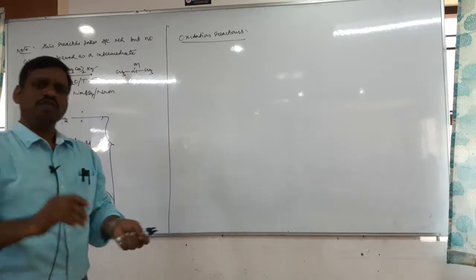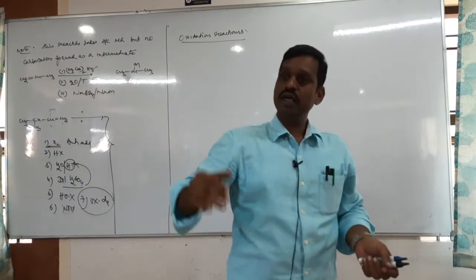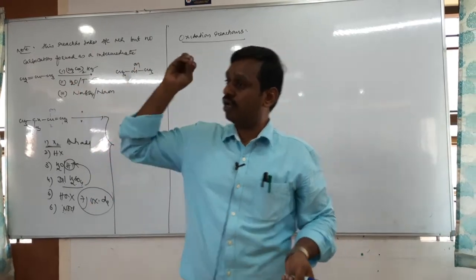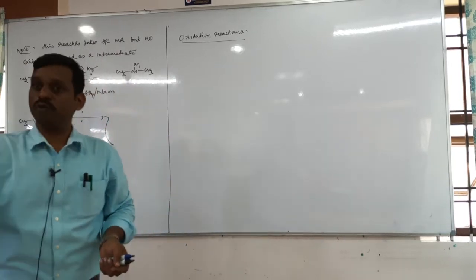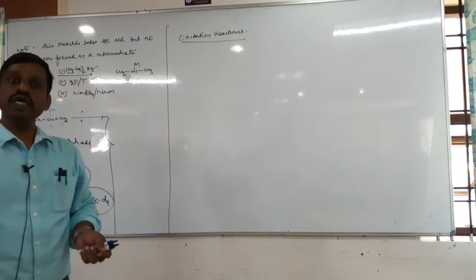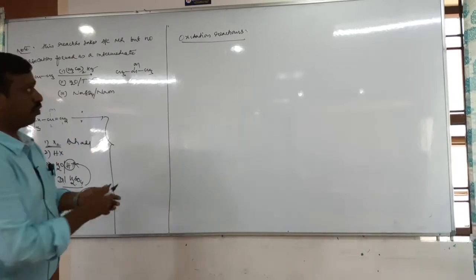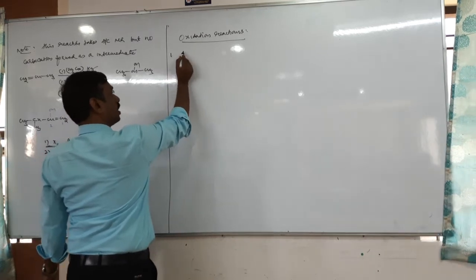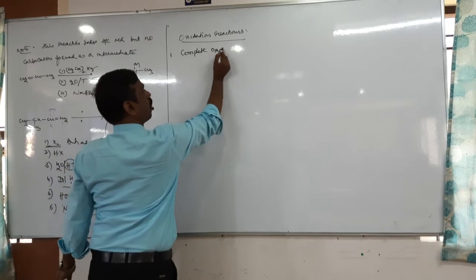Complete oxidation. We know that all hydrocarbons, not only alkane, alkene, alkyne, even alcohol, aldehyde, ketones, all organic compounds can undergo complete oxidation. There will be only two products, CO2 and water, and energy will be there, right? So therefore, similar to other hydrocarbons, alkenes undergo complete oxidation.